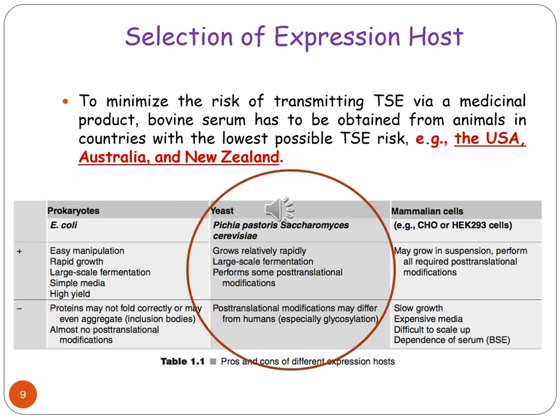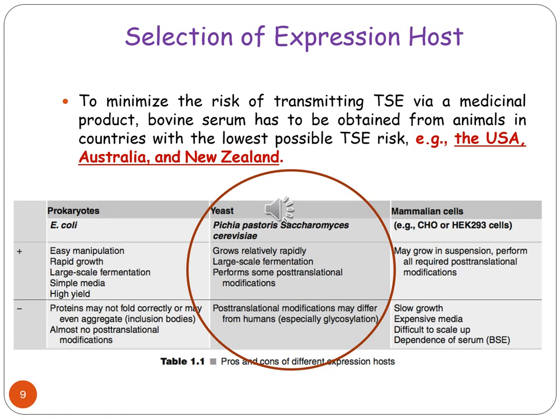The second expression system is the yeast, like for example Saccharomyces cerevisiae. This is also used, by the way, to produce insulin. I think the company Novartis uses yeast to produce the therapeutic insulin, the recombinant insulin.